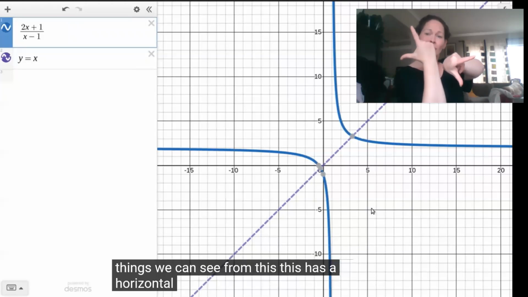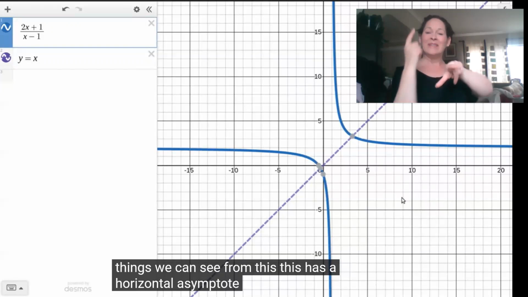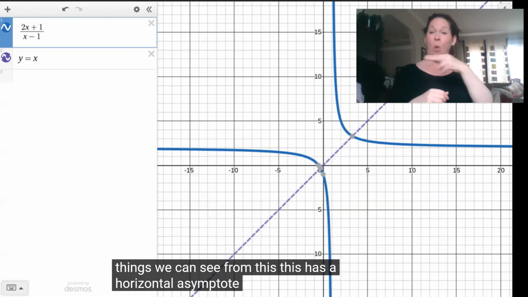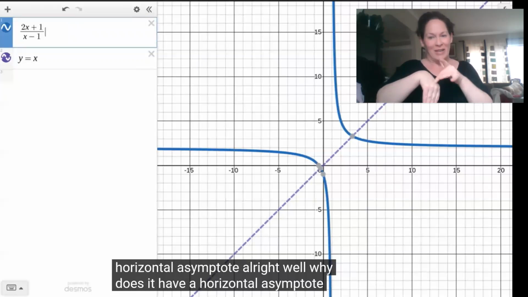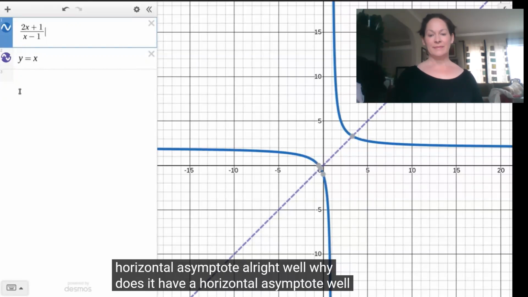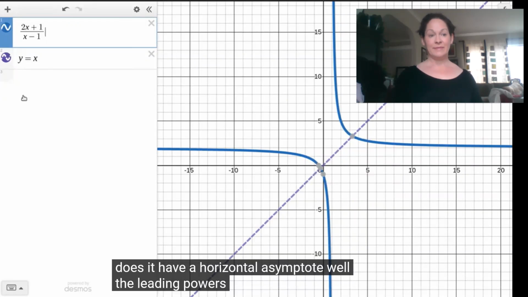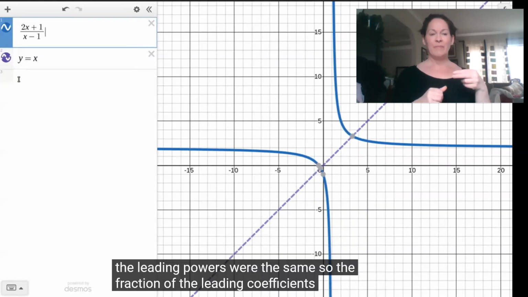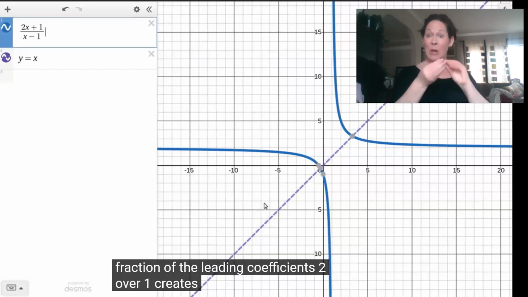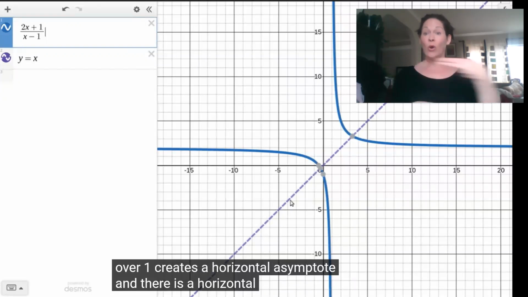This has a horizontal asymptote. Well, why does it have a horizontal asymptote? Well, the leading powers were the same, so the fraction of the leading coefficients, 2 over 1, creates a horizontal asymptote. And there is a horizontal asymptote at 2.